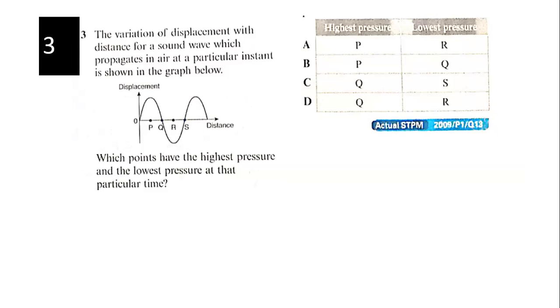Always upwards is positive, to the right is positive, to the left is negative. Either you memorize the answer or work it out. Identify which is compression. Compression has high pressure. Rarefaction has the lowest pressure.